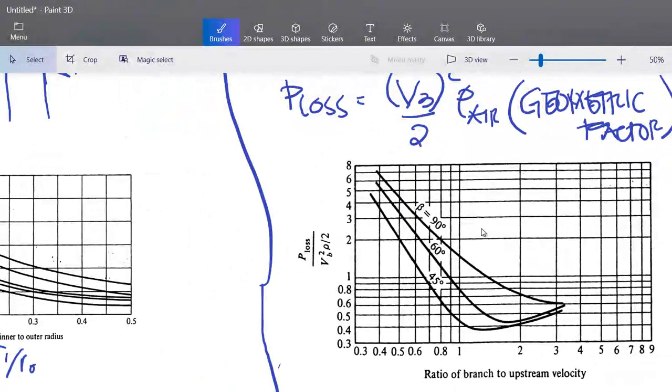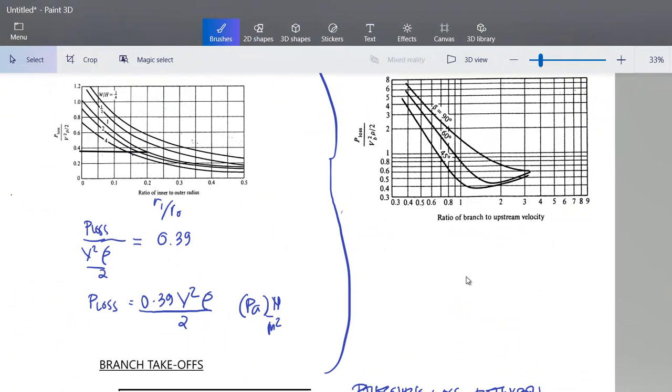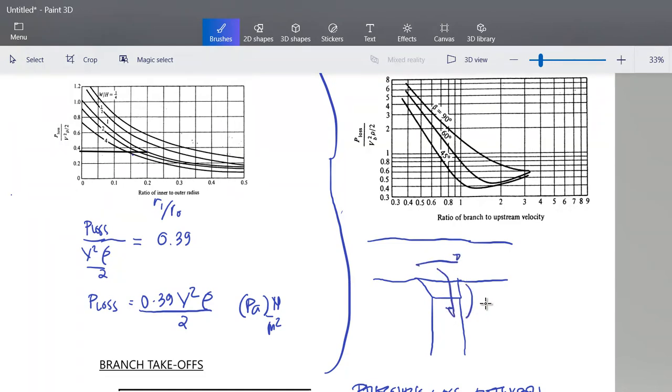For example, if the angle is 90 degrees, if we have ducting at 90 degrees, usually this is what it looks like. A straight duct, then branches like that, so you have the main duct and the branch. Air passing here, air passing here, so you have the angle of 90 degrees.